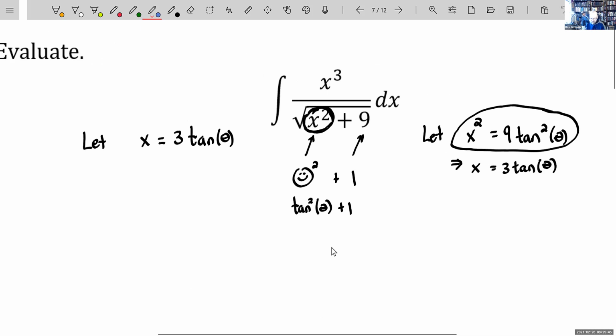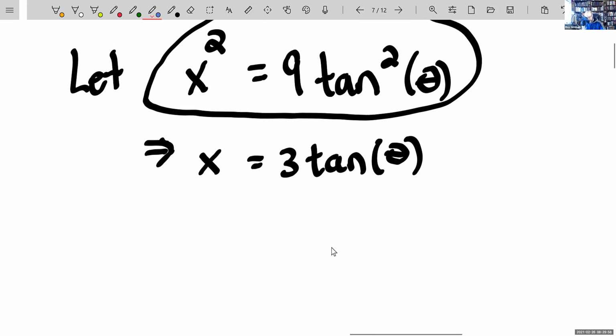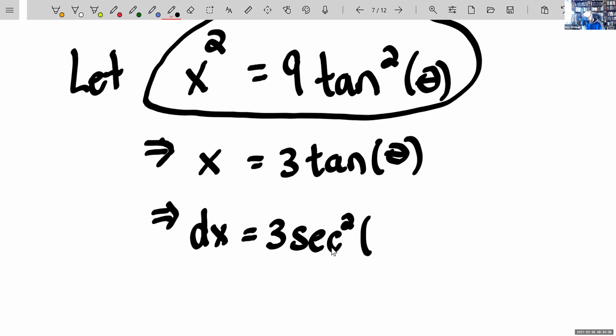All right, going back here though, we now know x is 3 tangent of theta, and x squared is 9 tangent squared of theta. There's actually an x cubed up here we'll deal with in a moment. But let's figure out what dx is. dx is 3 secant squared of theta d theta.